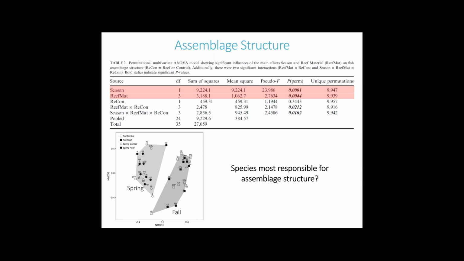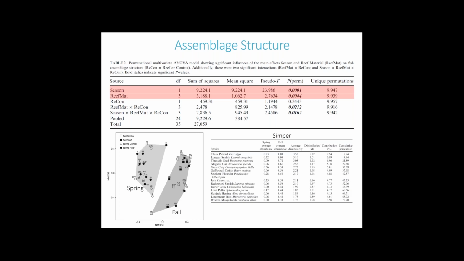So what species are most responsible for the assemblage structure that we see between fall and spring assemblages? So we ran a SIMPER analysis, which basically tells you which species are contributing to the assemblage structure.